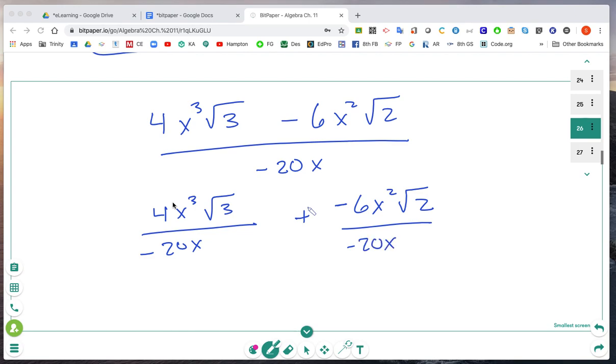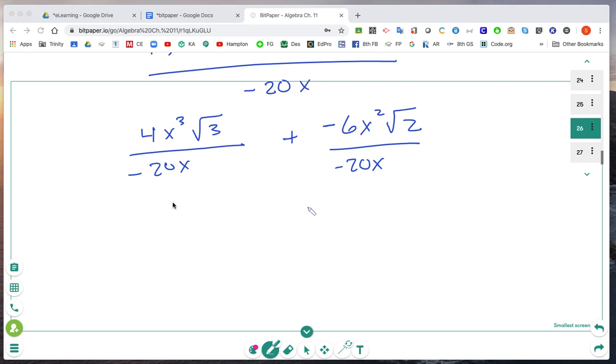So remember, we're pretending like this was the last part or the last answer to a question, but then we were going in and checking for our GCDs. So let's look at these two. Our GCD over here would be negative 4, because negative 4 goes into 4 and negative 20. And we can simplify by an x. They both have at least one x, so our GCD would be negative 4x.